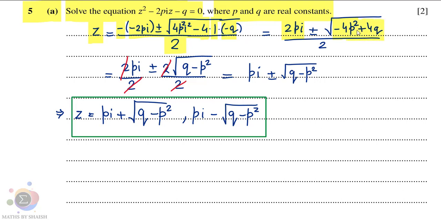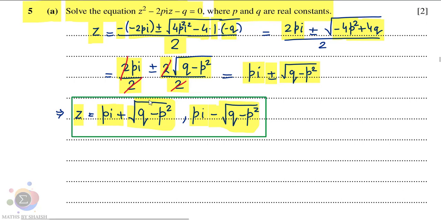Now we can see there is 4 everywhere in the square root, so we can take it out and it becomes 2 outside of the square root, with q minus p square inside. Here the 2p iota over 2 gets cancelled, and finally we get p iota plus minus root of q minus p square. So the two solutions are z equals p iota plus root q minus p square and p iota minus root q minus p square.